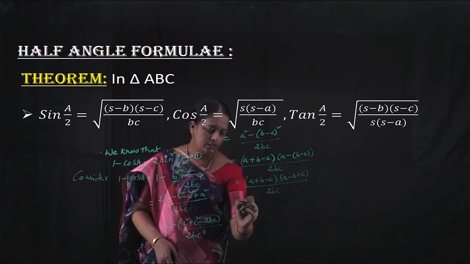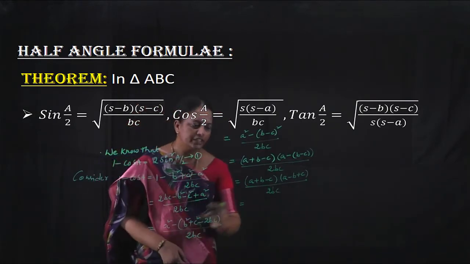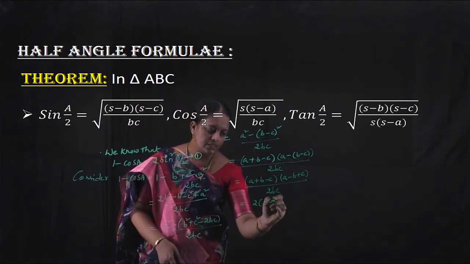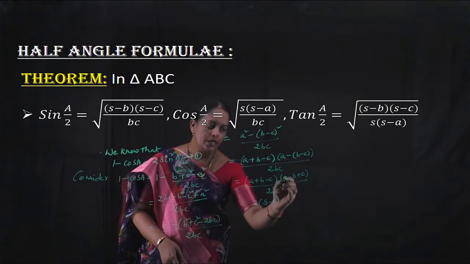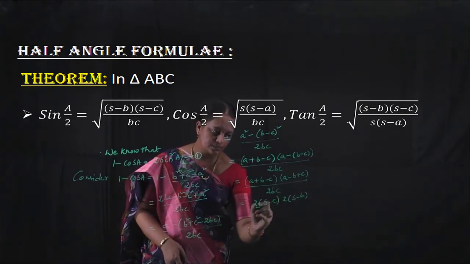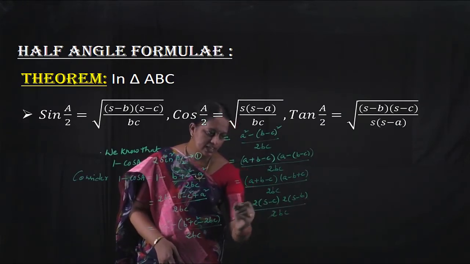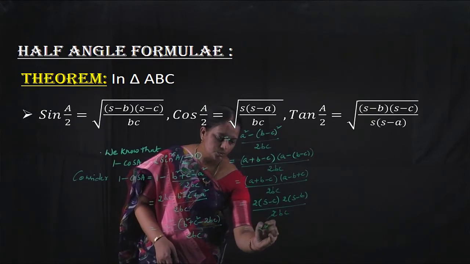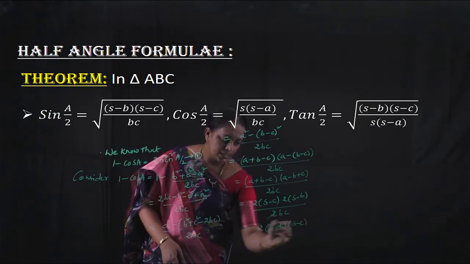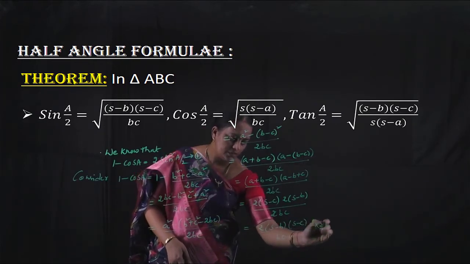We know that a plus b plus c is equal to 2s. By using that, a plus b minus c means 2(s minus c), and a minus b plus c means 2(s minus b), by 2bc. Here 2 gets cancelled, which is equal to 2(s minus b)(s minus c) by bc. Let it be equation 2.